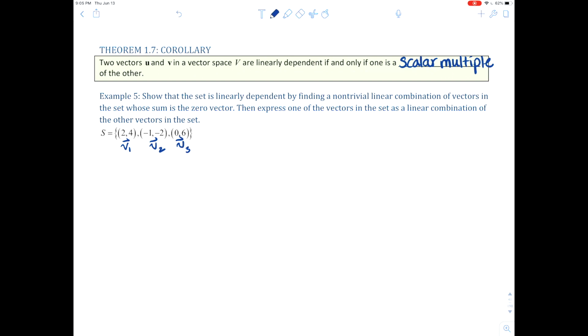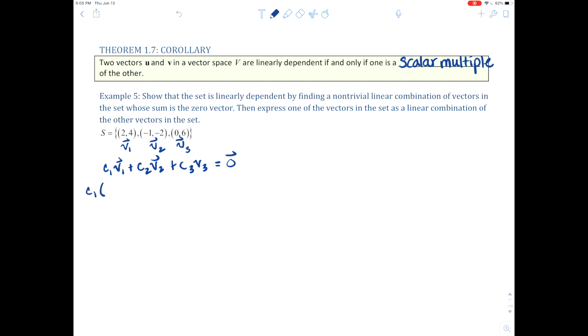Here it told us basically it's dependent, but you use the same method. So that was C1V1 plus C2V2 plus C3V3 is equal to the 0 vector.